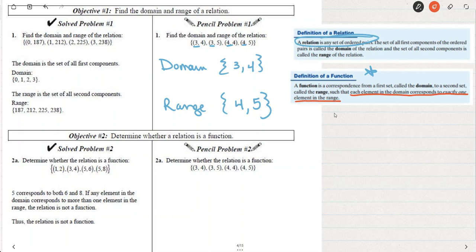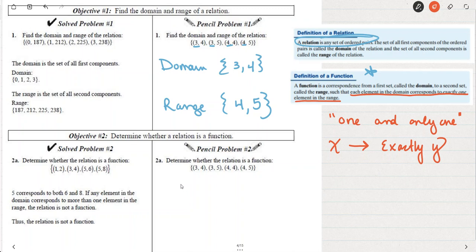You might also read that sometimes it's paired to one and only one element in the range. So every x has exactly one y. There's never an x without a y, and there's never an x with more than one y.